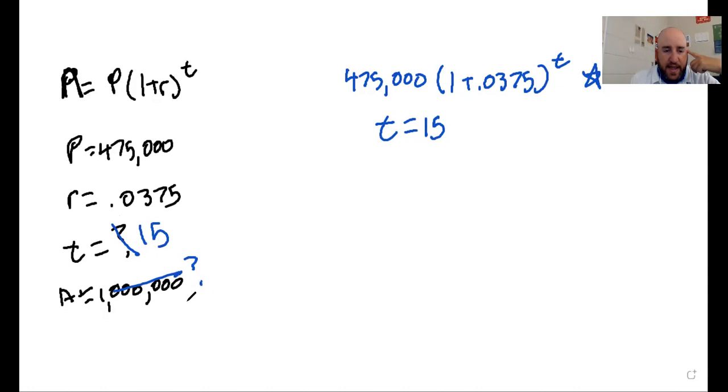I got to calculate A, and I got to look for it to be just over 1 million. I didn't really do this in class because we're just assuming we're plugging in 15 here. But if you want to rewrite this, I'm going to have to shrink my handwriting a little bit here: 475,000 times 1 plus 0.0375 to the 15.